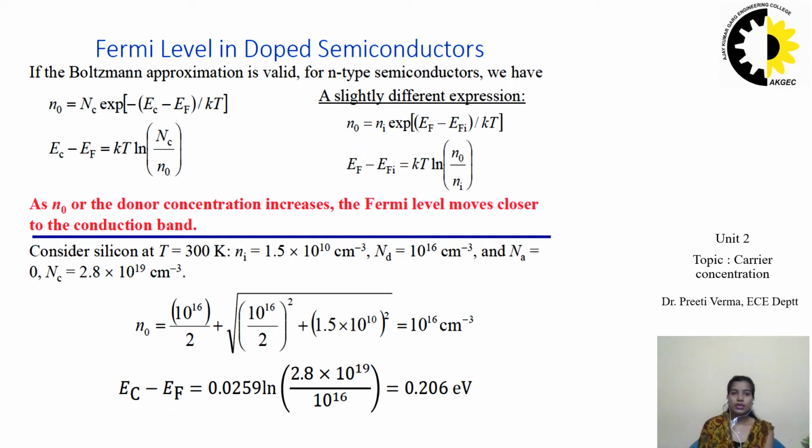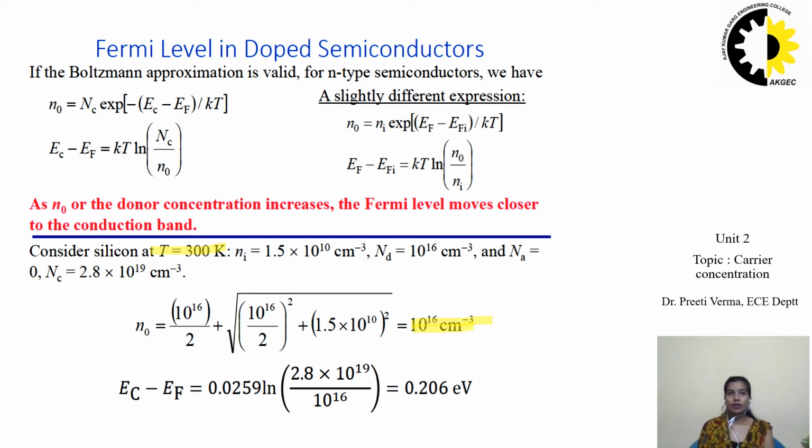So if we use these values to verify this, ni is 1.5 × 10^10 per centimeter cube. Nd is given as this. So putting this value, we find the n0 concentration as 10^16 per centimeter cube.